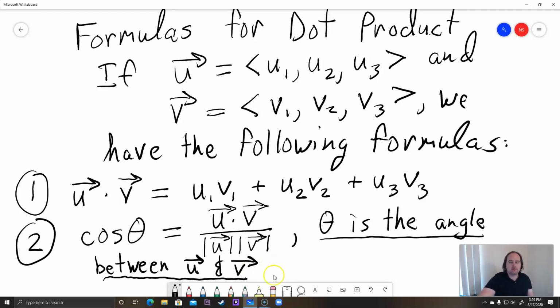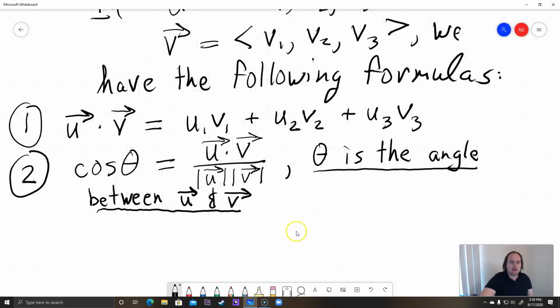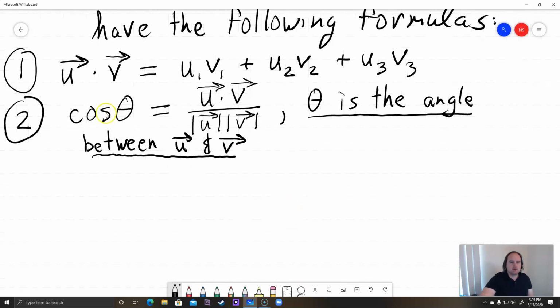But that should be enough formulas for now, and we'll write more later. But I wanted to go into another example, and this time we're going to try to use this second formula here: the cosine of theta equals u dot v all over the length of u times the length of v.